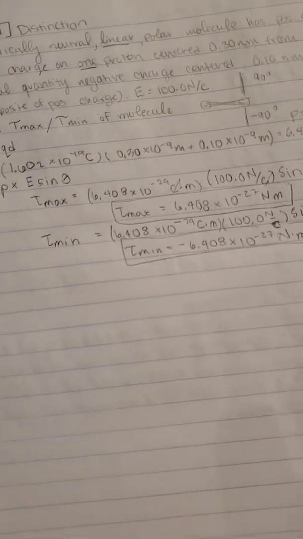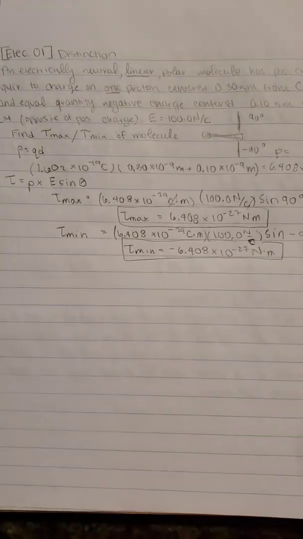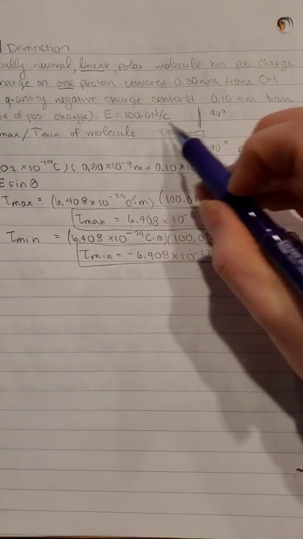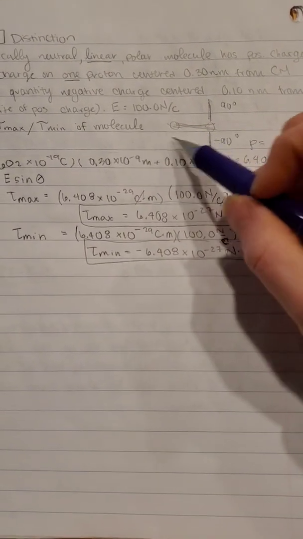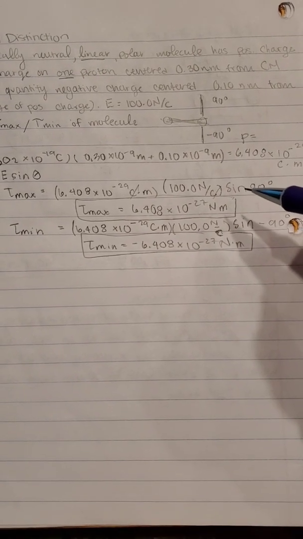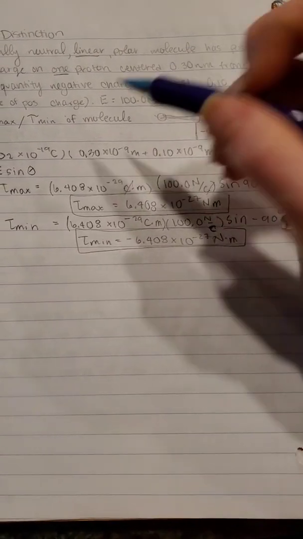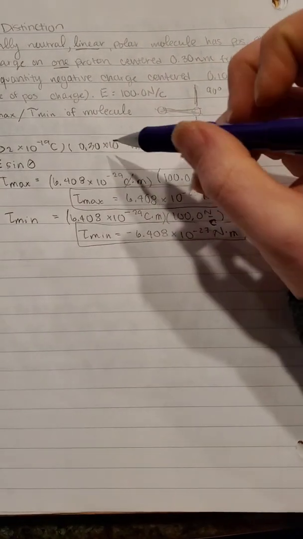And so from this, we are taking two charges, which end up making a dipole, and we are taking the distance into consideration because we're going to use the dipole equation so that we can find the dipole, and then take that dipole and find the torque on it, where the maximum torque would be at 90 degrees, and then your minimum torque would be at negative 90 degrees.